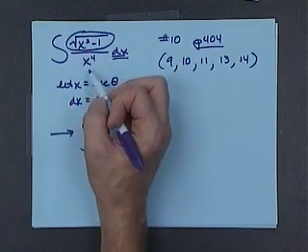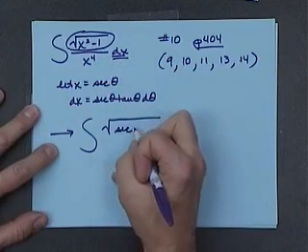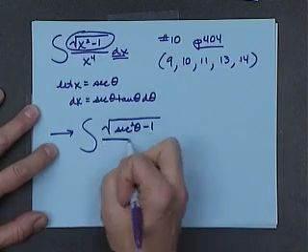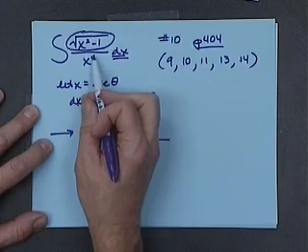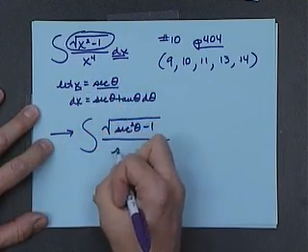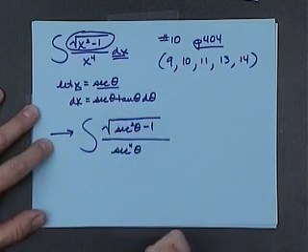Hopefully it won't mess things up everywhere else. So x squared would be secant squared theta minus 1. That's going to be quick and easy. Down here, unfortunately, we've got an x to the 4th. So for every x, we're going to plug in secant theta. So that becomes secant to the 4th of theta.